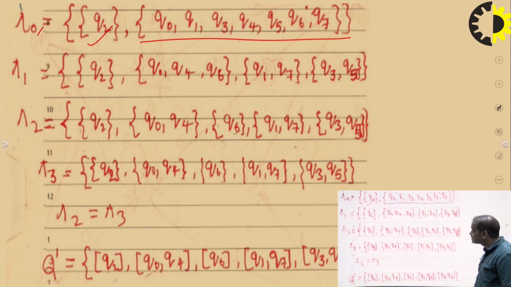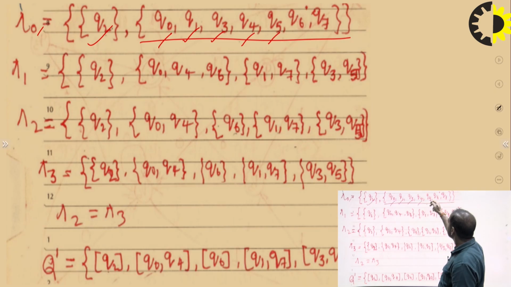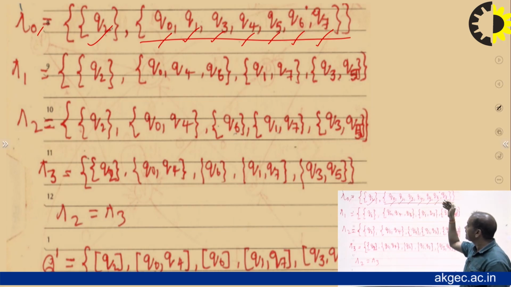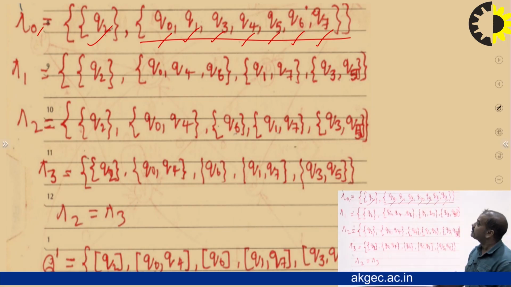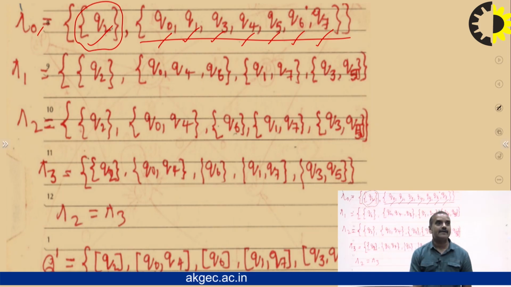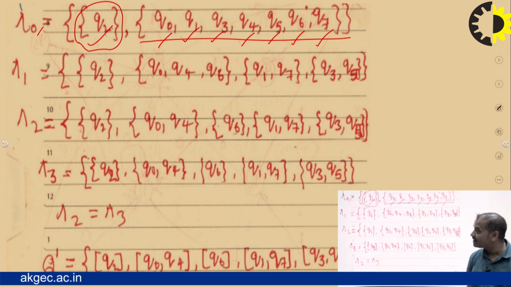The remaining states are Q0, Q1, Q3, Q4, Q5, Q6, Q7. These are non-final states, so we write them in a single brace. Q2 is the final state, so we write it in a separate brace. Now we check one by one.